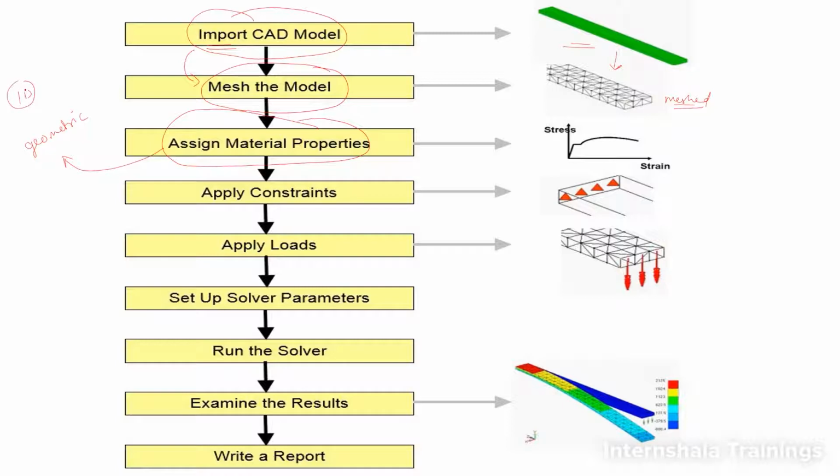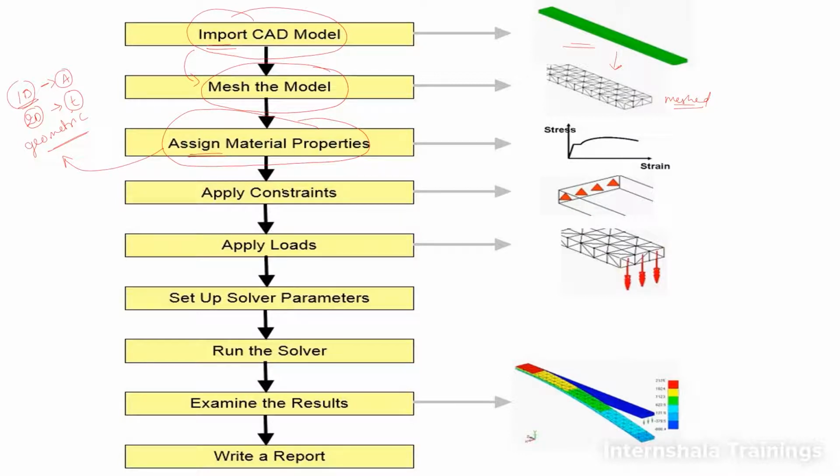In addition to material properties, you also need to specify the area of cross section for these 1D elements. If you are using 2D elements, in addition to material properties, you also need to give the thickness of this particular geometry.